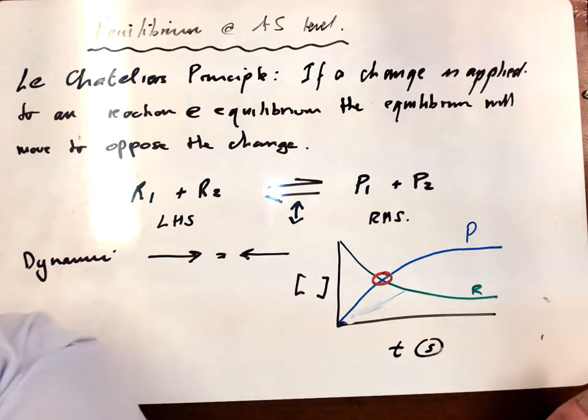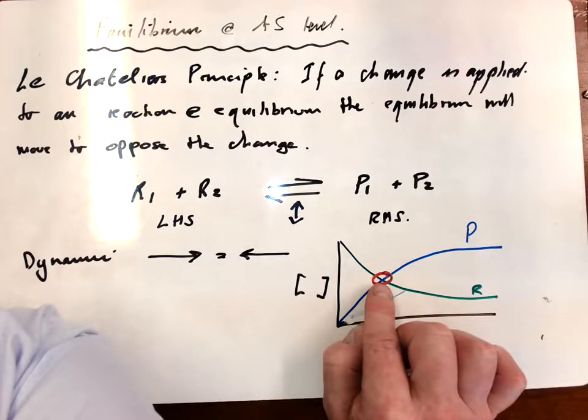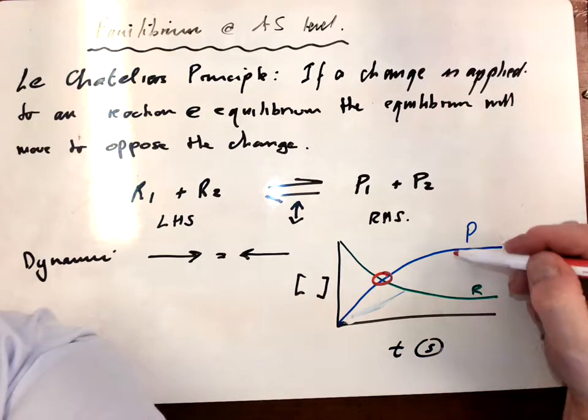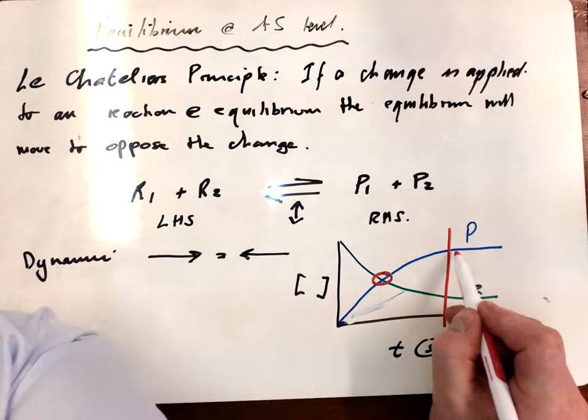But we say that at dynamic equilibrium the concentration of the reactants and the concentration of products is not the same, which they would be here, but that they are constant. So really, it's about that point there.